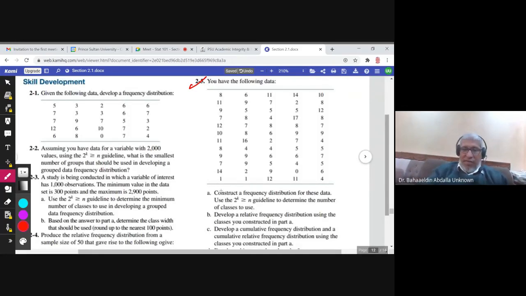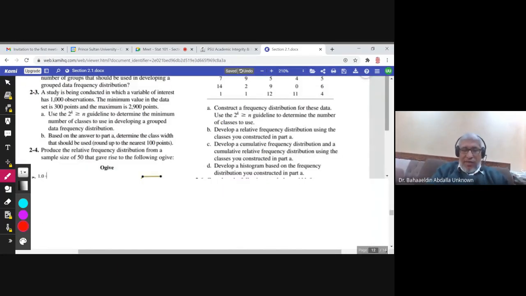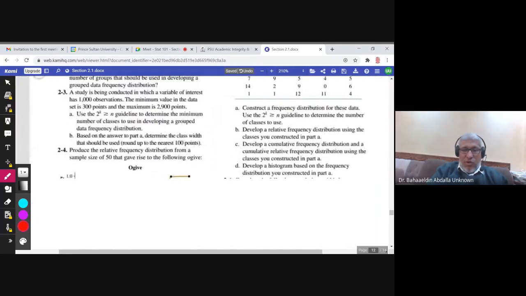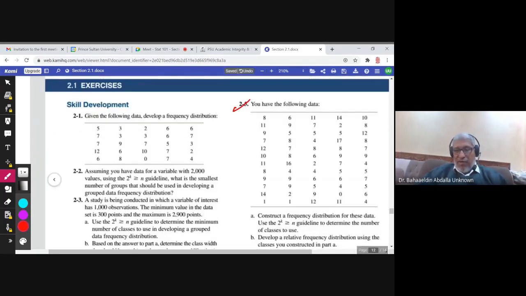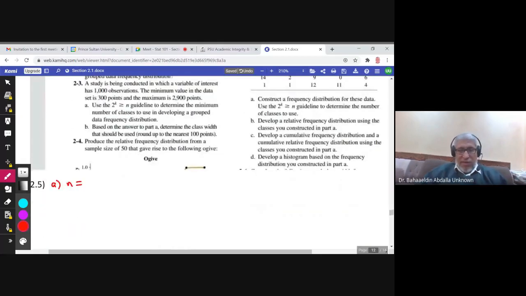Okay, to determine the number of classes, I need to know how many values are there. So what is n? If you count, you have 5 columns and 12 rows. So 5 times 12, you have 60 values.